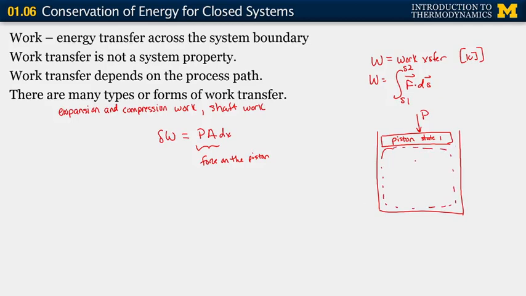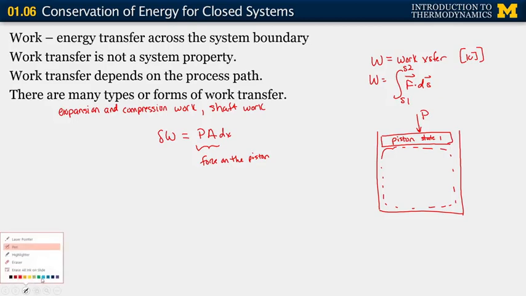We can imagine if this pressure increases on this side of the piston, or for example, if this gas cools, then the density of this gas is going to shrink and the piston is going to compress, is going to move in this direction. So we can imagine a piston at state 2.